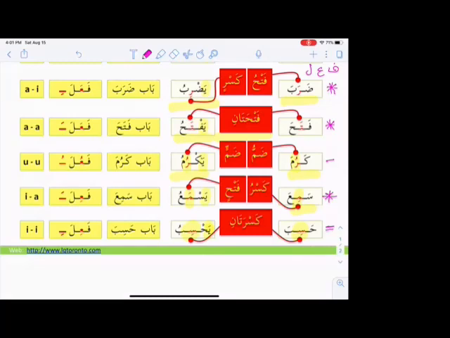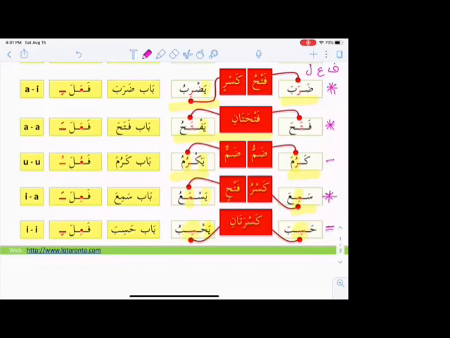In the mahdi, the past tense, all the verbs begin from huwa: huwa, huma, hum, hiya, huma, hunna. They don't begin with anta or nahnu or I. It begins with huwa.